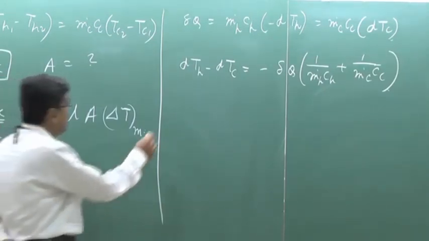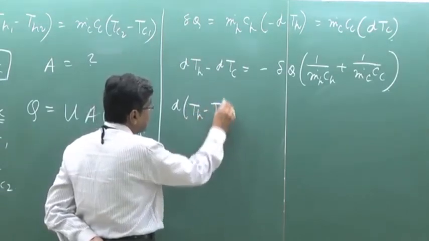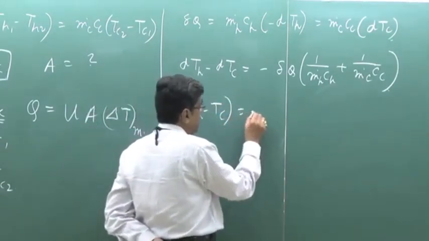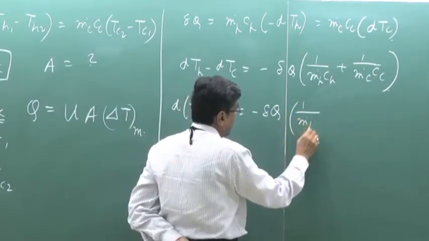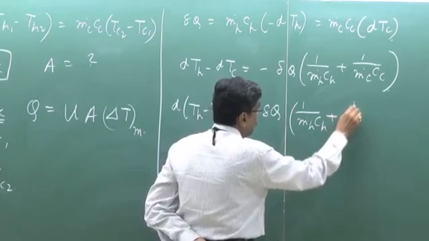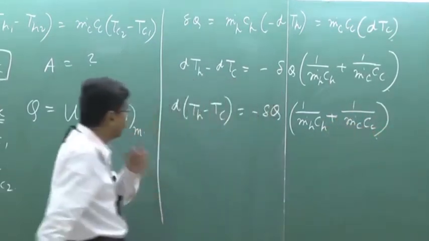This can be written as d of (TH minus TC), an algebraic step, equals minus del Q times (1 by m dot H CH plus 1 by m dot C CC), with the nomenclature I have told.